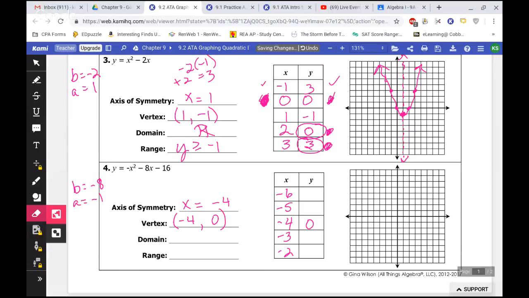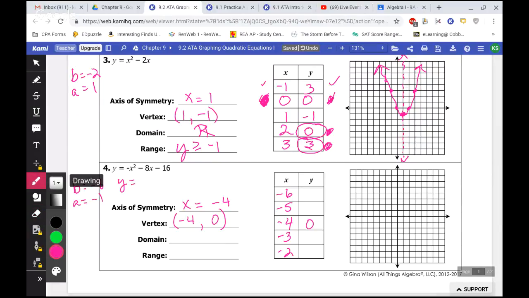Everything goes 0. So that's how I got that 0 for the y. And I plugged in the negative 1. So you're plugging that x value back into the original equation to get the y. Does that make more sense? Okay.